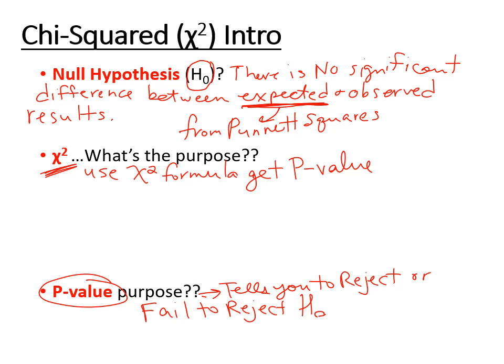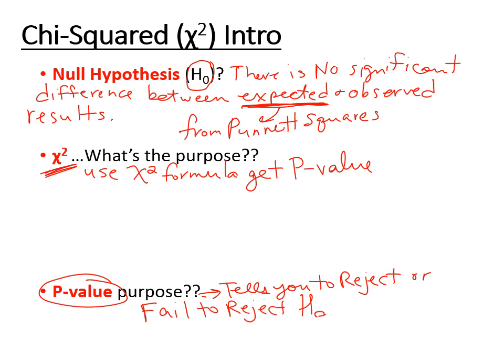If we wanted to accept the null hypothesis, we would then have to do further experimentation and tests. Okay? So whenever you have to do chi-squared, you first formulate your null hypothesis, then you use a formula to calculate chi-squared, and you use that chi-squared value to get a p-value, which will then tell you whether you can reject or fail to reject that initial null hypothesis.